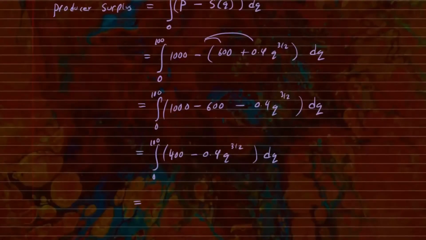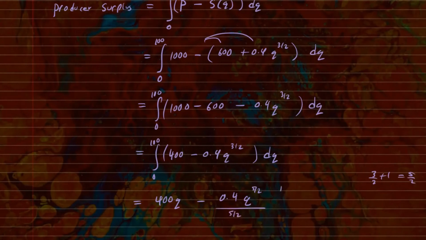The integral of 400 is 400 Q, minus the integral of 0.4 Q to the 3/2. You add 1 to the power, and the same power goes on the bottom. Using the power rule of integration, this is 0.4 Q to the 5/2, because 3/2 plus 1 is 5/2, all over 5/2. We're going to take it from 0 to 100.